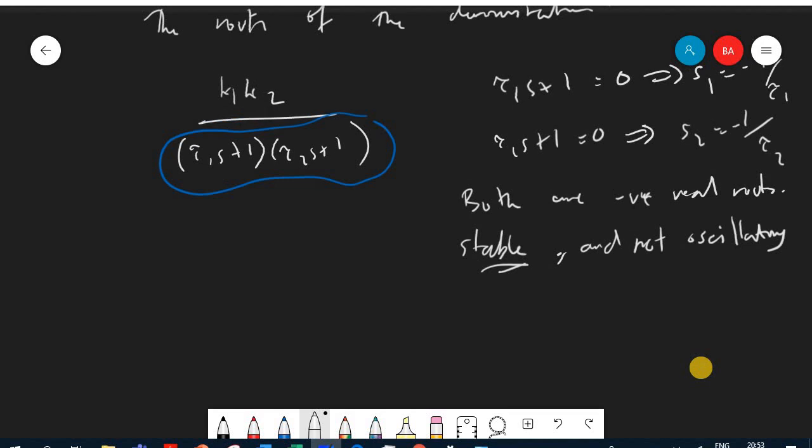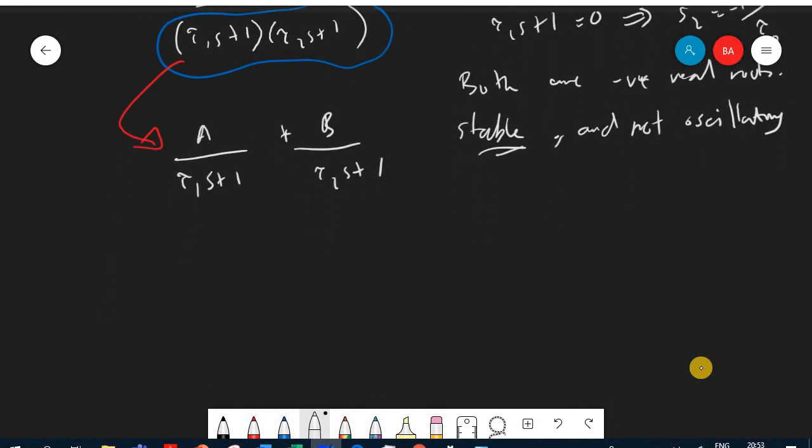And actually, if you analyze it and do the partial fraction, this will be a over (tau 1 s plus 1) plus b over (tau 2 s plus 1).